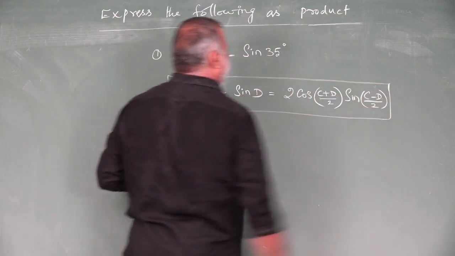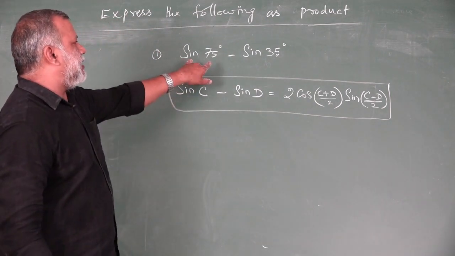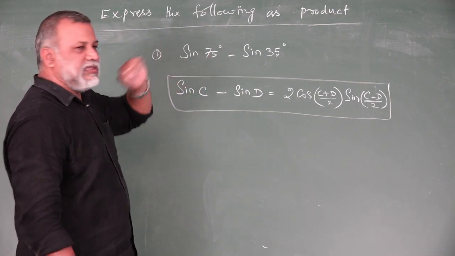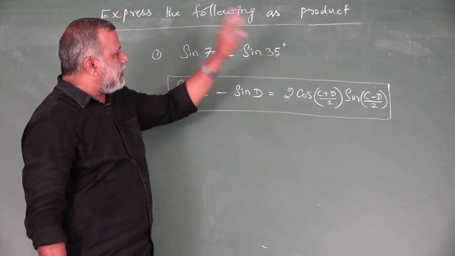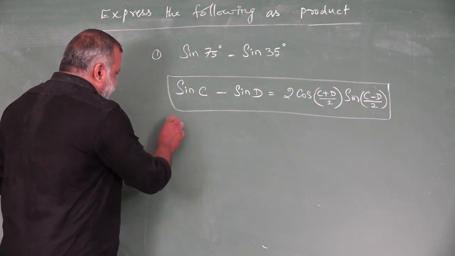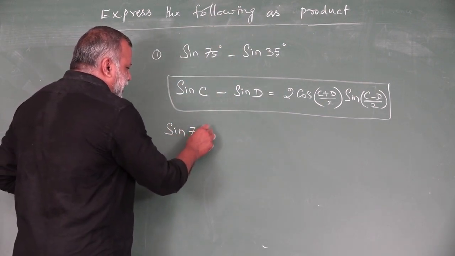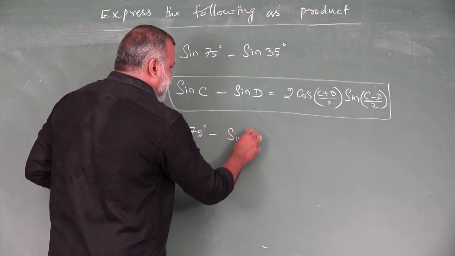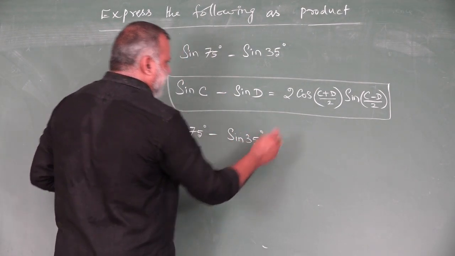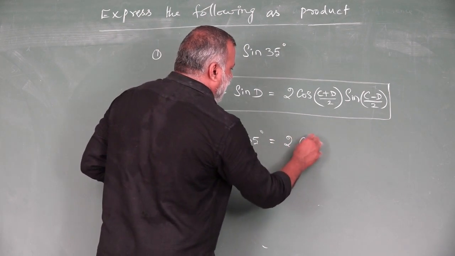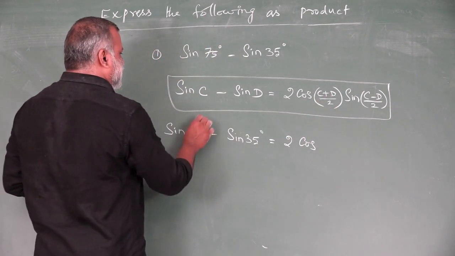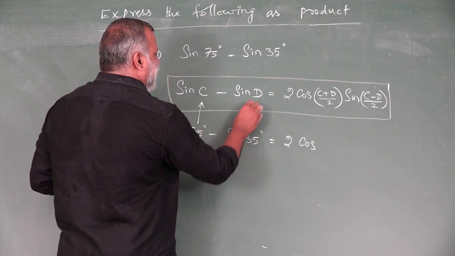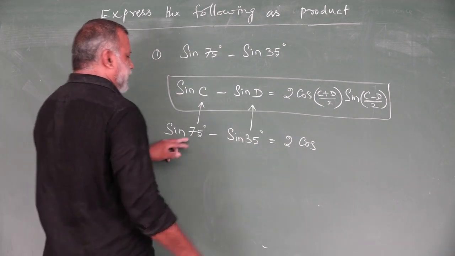So relate with this one. Instead of C we are having 75, instead of D we are having 35. Now apply the given data directly. Sin 75 minus sin 35 is equal to 2 cos of C plus D by 2, where C is replaced by 75 and D is replaced by 35.